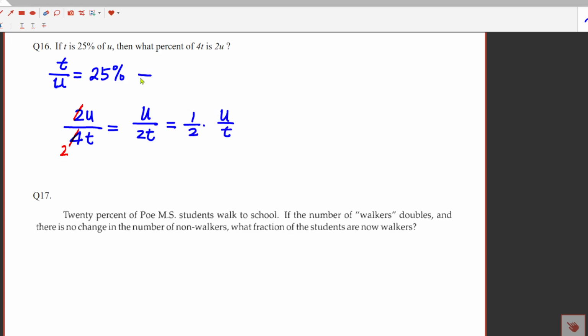From the given information, we know that t over u is 25%, which is 1 over 4, right? Therefore, we know u over t must be 4. Therefore, that equals 1 over 2 times u over t, which is 1 over 2 times 4, and that gives us 2. And 2 is actually 200%, right?